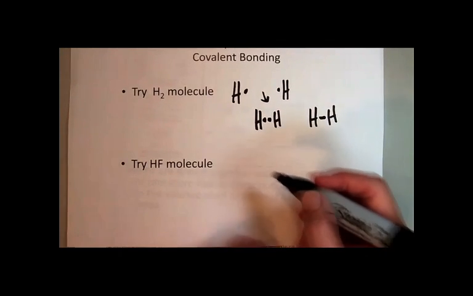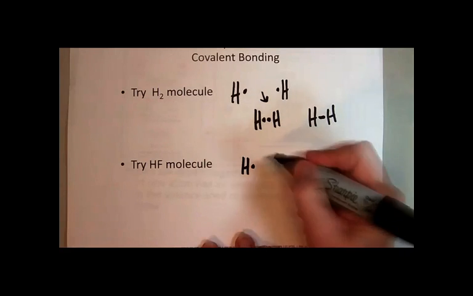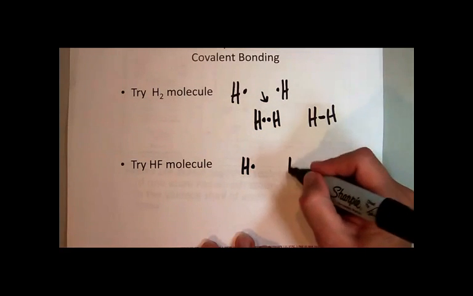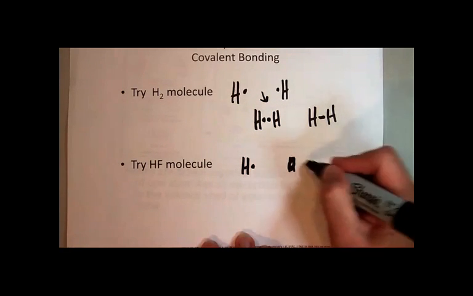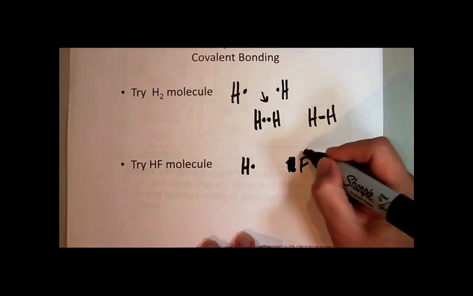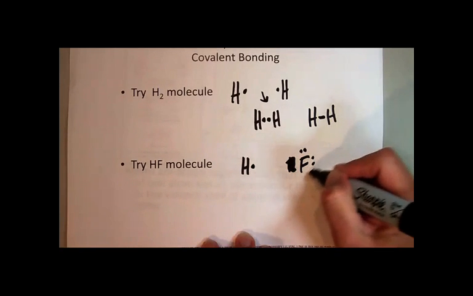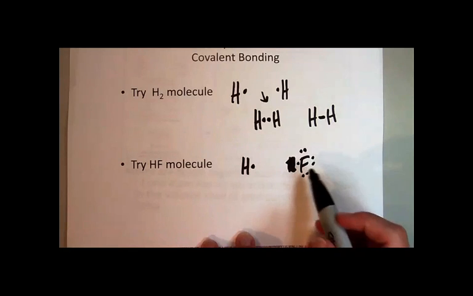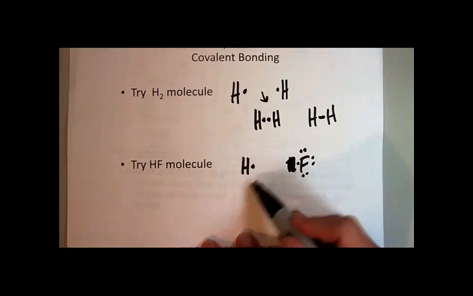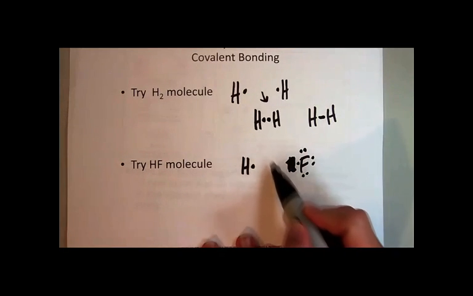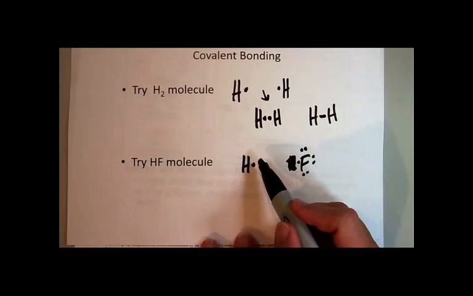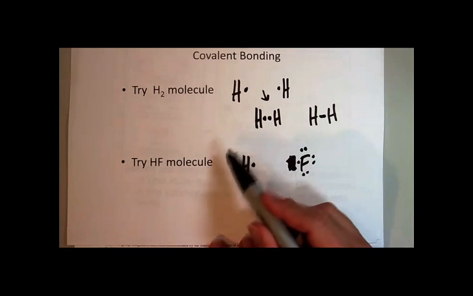Now you can do the same thing. Try an HF molecule. You start with just the Lewis symbols for each individual element. So hydrogen, and then fluorine, which has 1, 2, 3, 4, 5, 6, 7. Individually, the fluorine has 7, the hydrogen has 1. The hydrogen would really like to achieve what we call a satisfied valence shell.